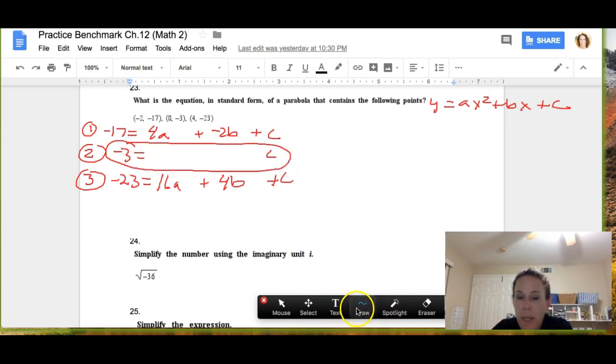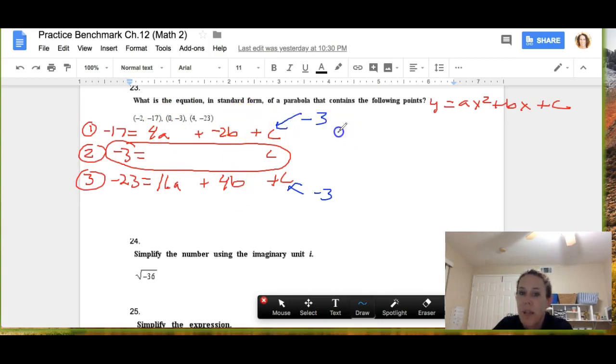So by plugging in negative 3 into both of our equations, and let's use a different color, we can plug in negative 3 here for c and negative 3 here for c. By doing that, I'm left with 2 equations, equation 1 and 3, and 2 variables, a and b.